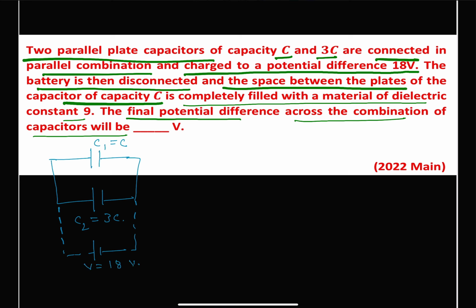Then the battery is disconnected and the space between the plates of capacitor C is completely filled with dielectric material. So the space in C1 is now completely filled with the dielectric, and the other capacitor is as it is. So we have C2 as it is, and let us call this C1 prime, and the dielectric constant is given to us as 9.